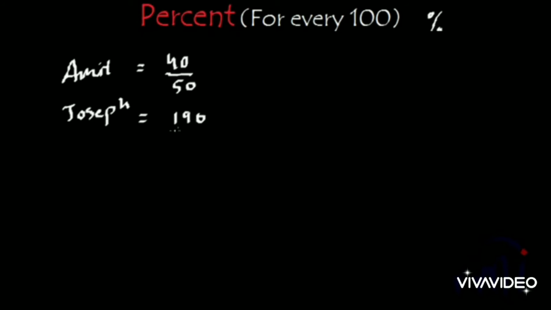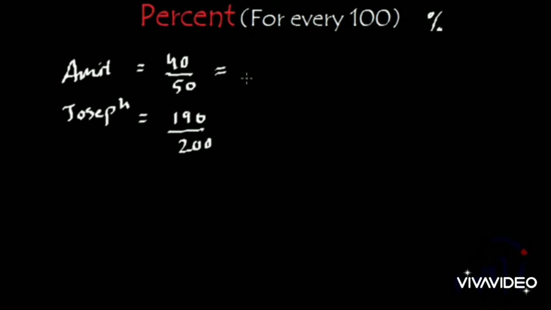Now let's take another example to understand what percent is. Suppose there are two boys named Amit and Joseph, and Amit has got 40 marks out of 50 and Joseph got 190 marks out of 200. Out of them, can you tell whose marks are better, or who has scored well?